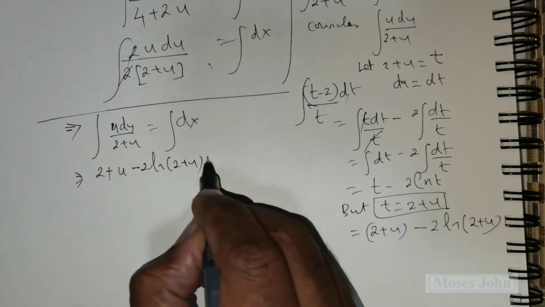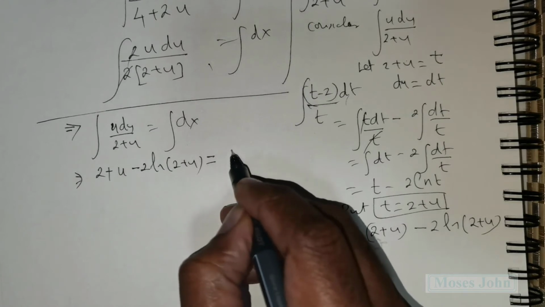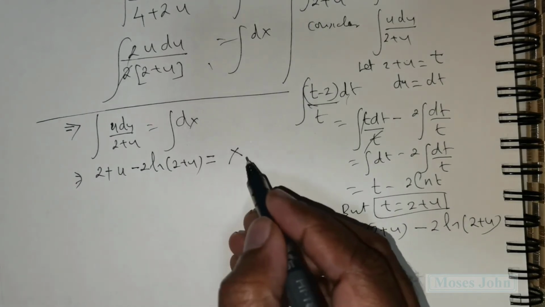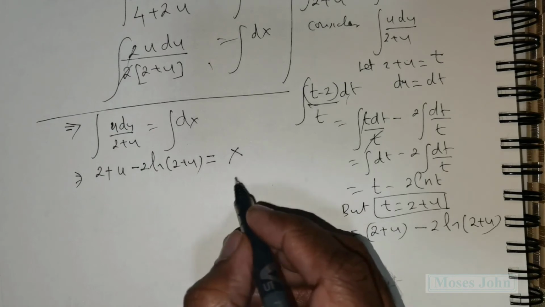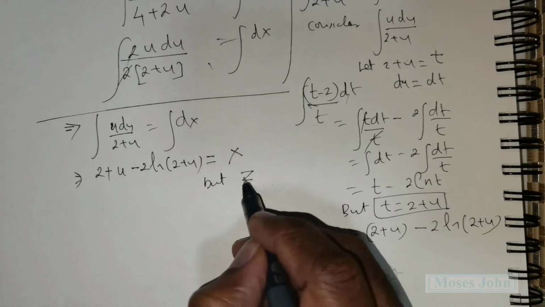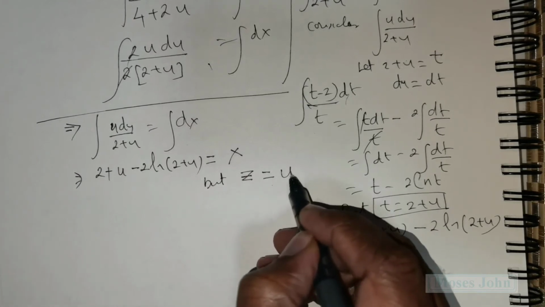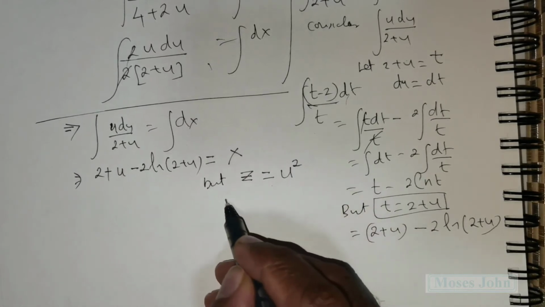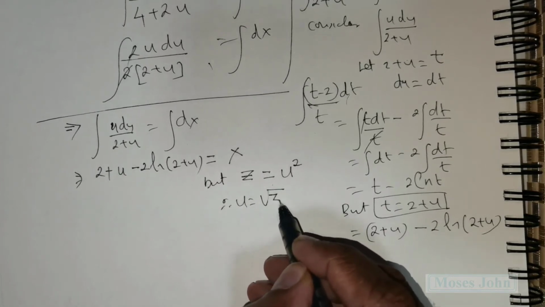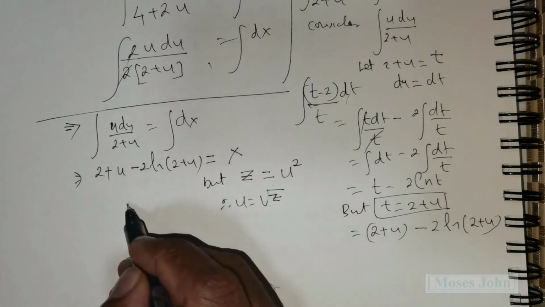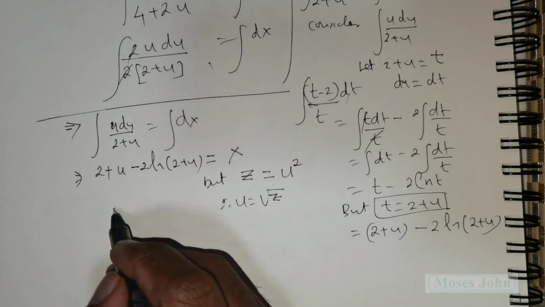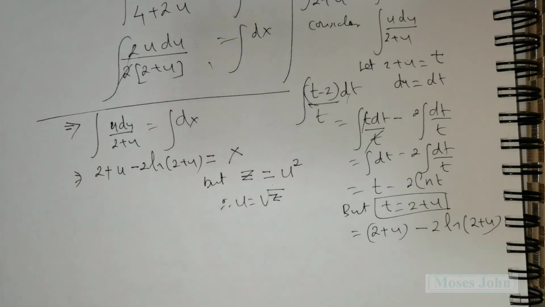Now this is equal to the integral of dx, which is x. Now I have made an assumption, but if you remember, I have taken z to be u squared. Therefore u will be equal to root z. Now I will have to make the substitution.